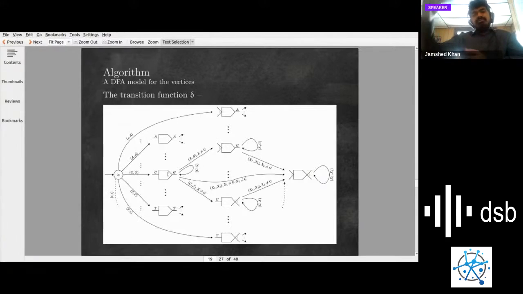This state is one of those 16 states from that class. So this vertex remains in this state as long as for all the next occurrences of this vertex, we keep seeing the C encoded edge at the front and the G encoded edge at the back.